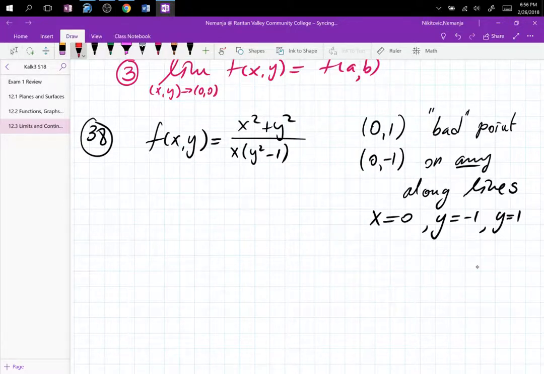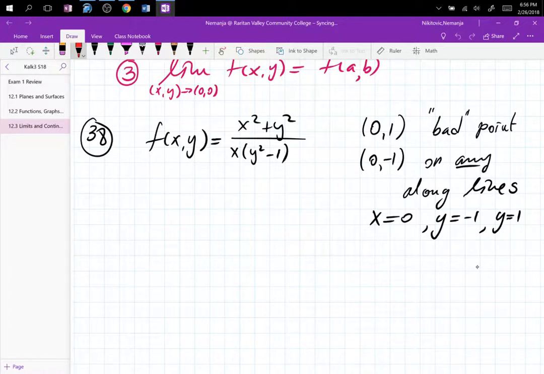Another definition that we want to consider here would be the definition for continuity of multiple functions.